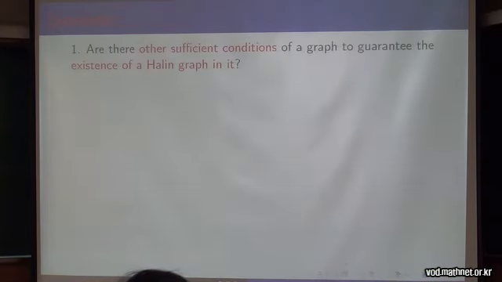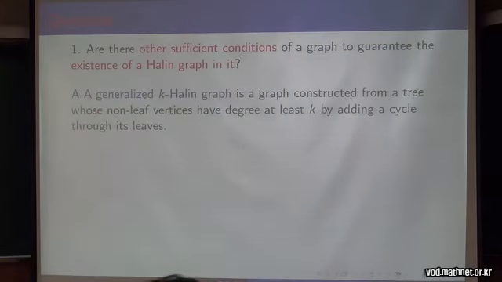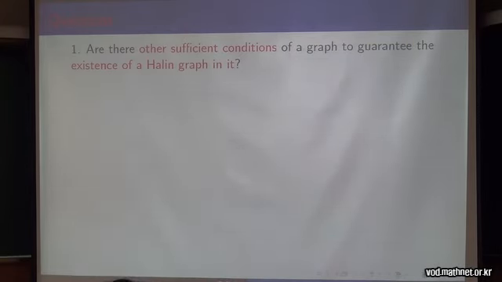But we just found some sufficient conditions to contain a spanning Halin subgraph. You may also think about other sufficient conditions. But do not try with a forbidden pair of graphs, because there is a project team and they have almost done it, so don't try.